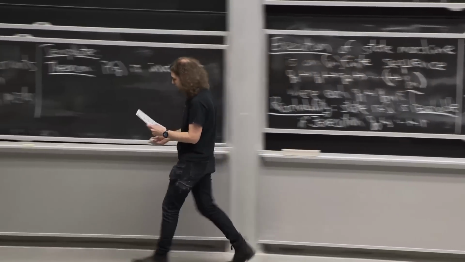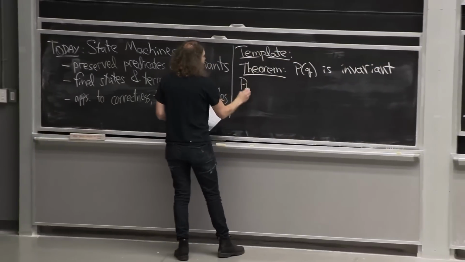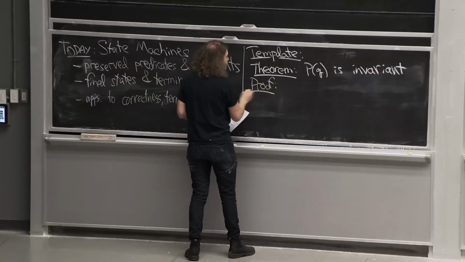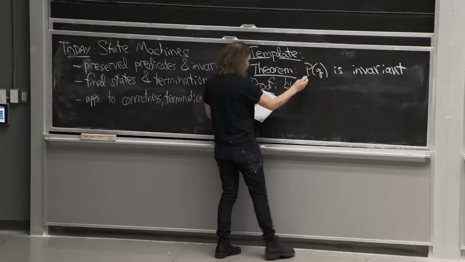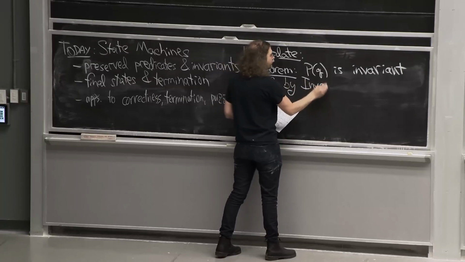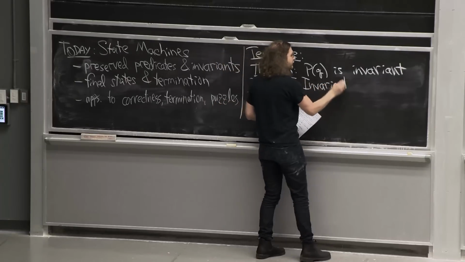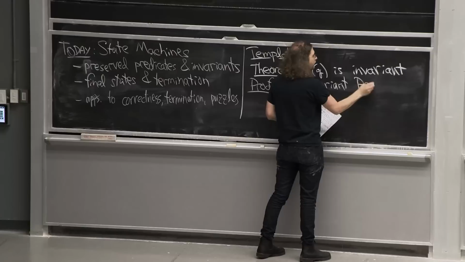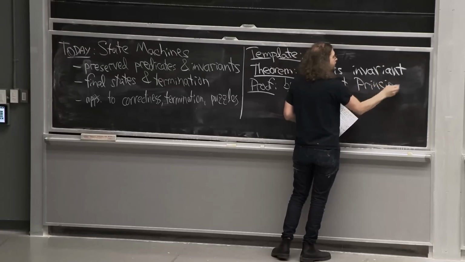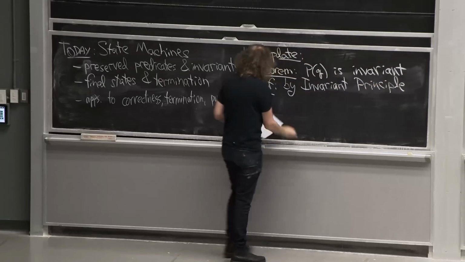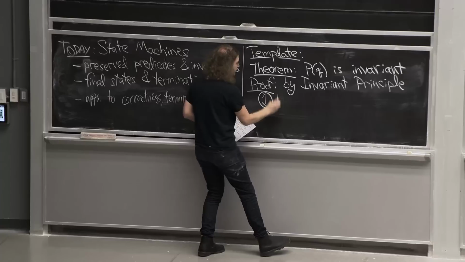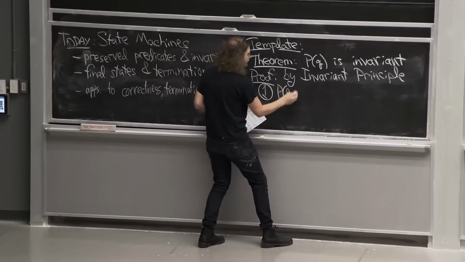Here's what a general proof will look like. We can say proof by invariant principle. For the invariant principle to apply, we need to prove two things. Number 1 is prove that P of Q0 is true.